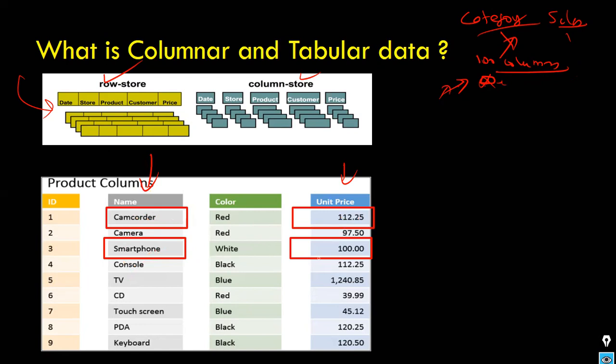It takes only these two columns that are required for your analysis directly, instead of checking each and every column. Is this product name? No. Then go and check, is it product name? Yes. Is this unit price? No. Then you skip it.